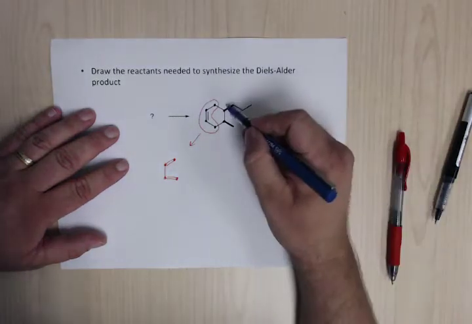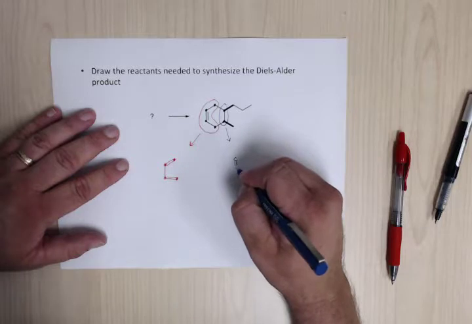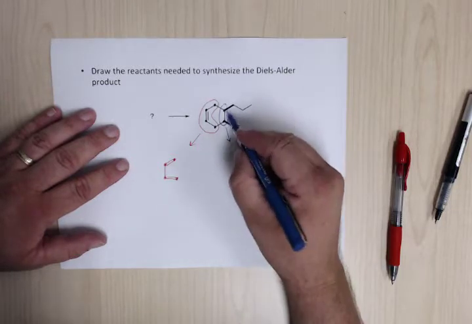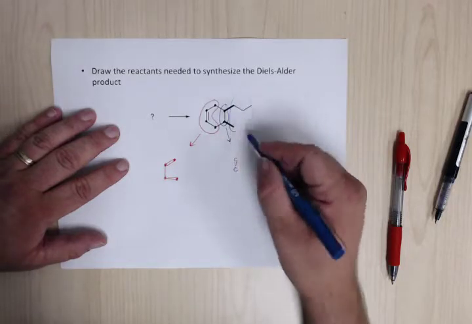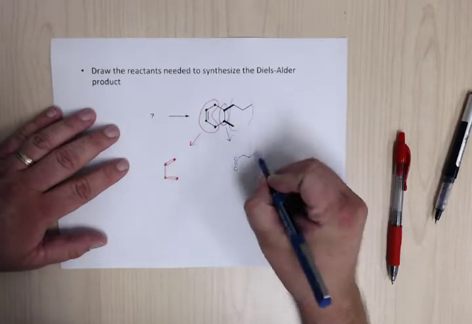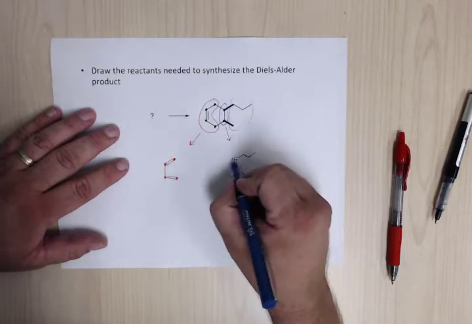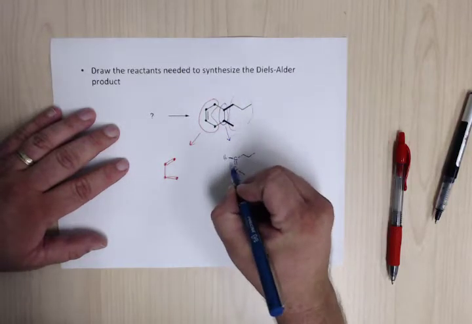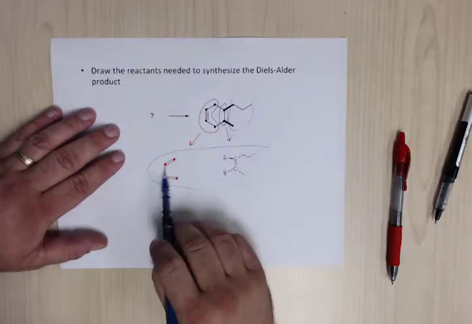Okay. These 2 carbons are going to be your dienophile. But notice how these groups here, they're both on wedges. So that means they must be on the same side. Okay, so then hydrogens must be over here. So this is what you're going to need. This plus that.